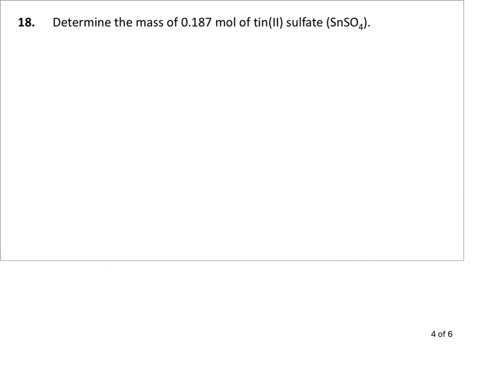This time we've got some tin sulfate. And we've got moles, and we want to go to grams. That's determine the mass. So again, we're going to find the molar mass.